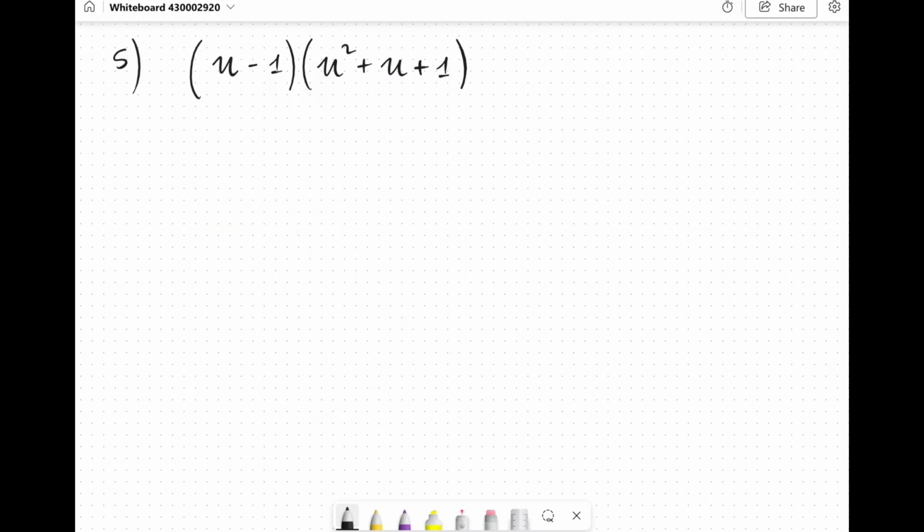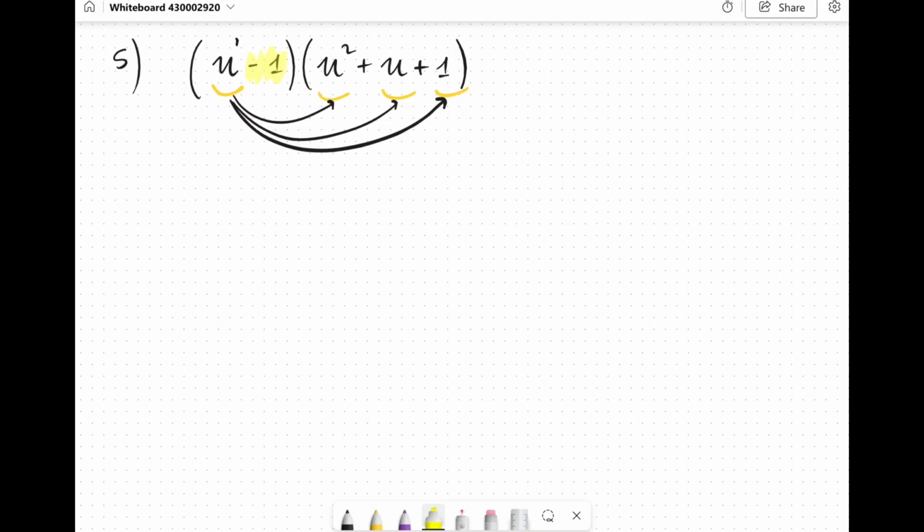Here's your question number 5, essentially the same thing, but the second polynomial has 3 terms and you will be distributing this u, remember, has the power of 1 into each of the 3. And then you will do the same with this negative 1. So we'll start by completing the 3 black arrows that I already have.